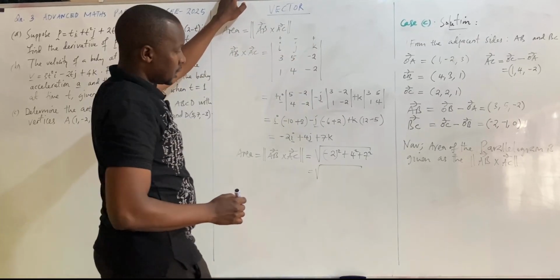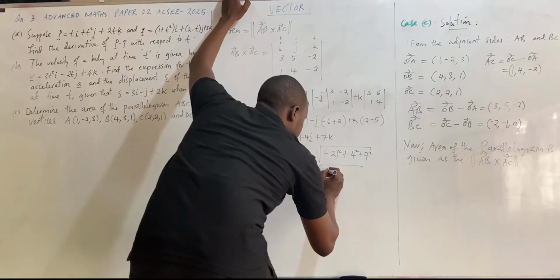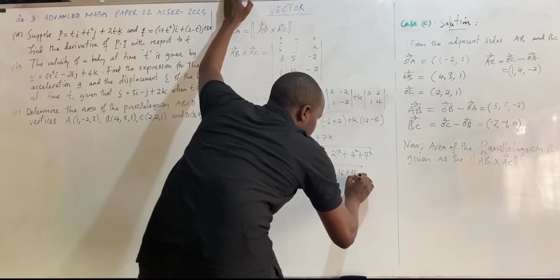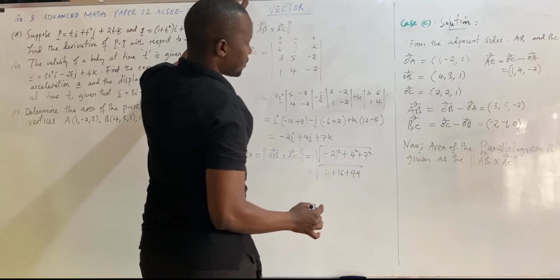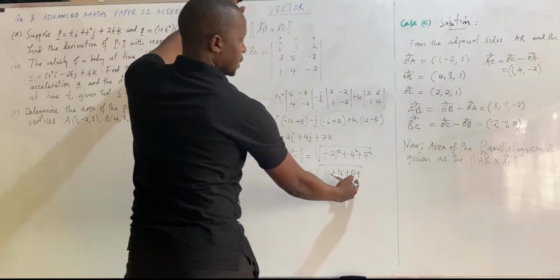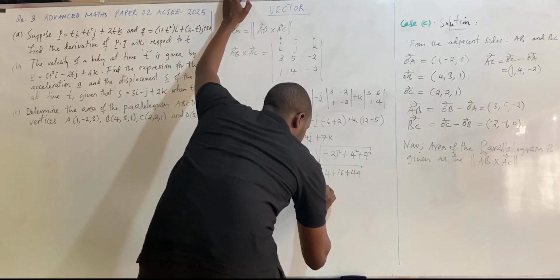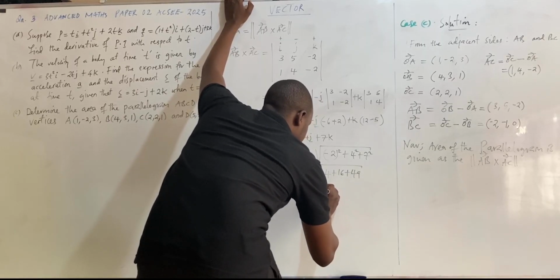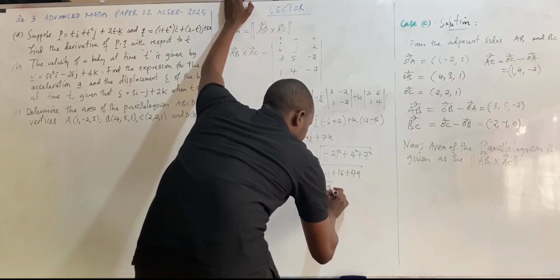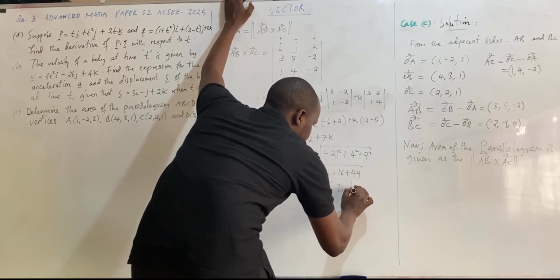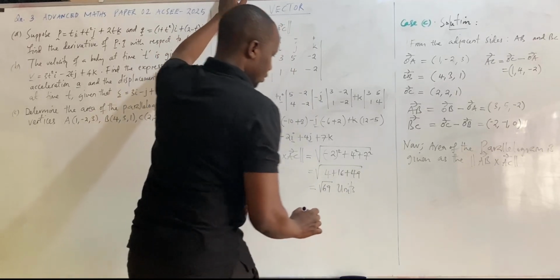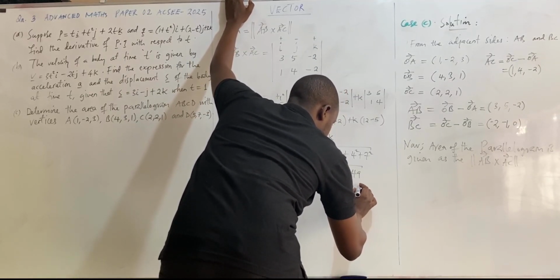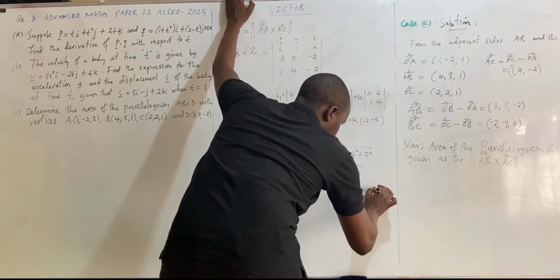Negative 2 squared becomes 4. Now we plus 16, we plus 49, because 4 times 4 is 16 and 7 times 7 is 49. When we add, this is 20, and 20 plus 49 we get the radical of 69. Then we say units squared. So it's the area.